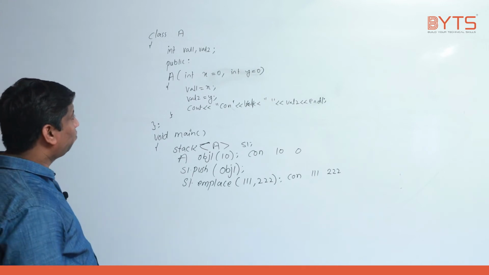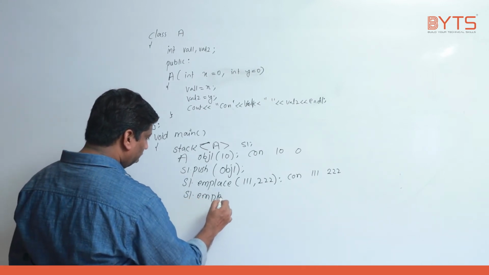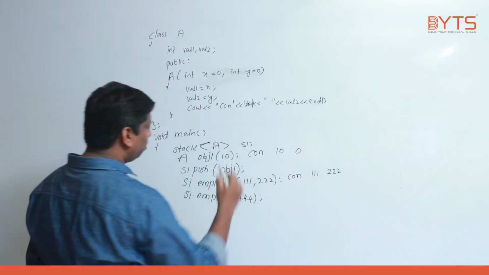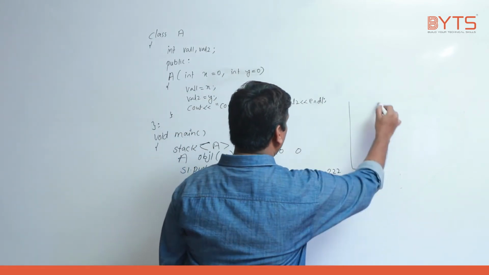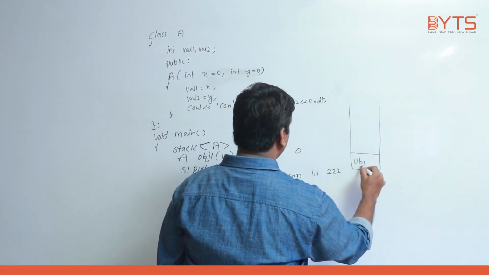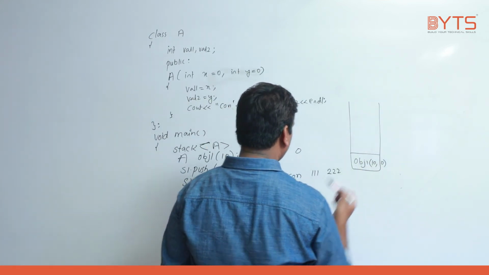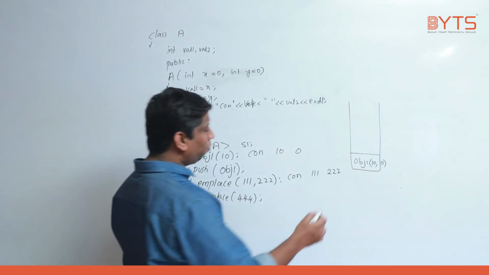Fine. Next what I am trying to do, s1.emplace(444). Right? Fine. So now what is happening here? Can you please see? We created one object obj1. In this object we have what values? 10 and 0. That happened here. Now whenever I say s1.emplace, one object is created.